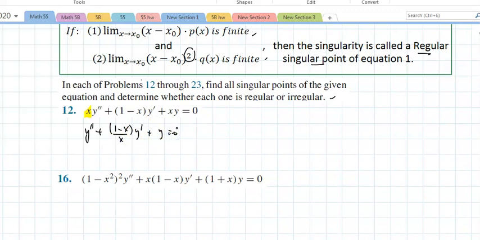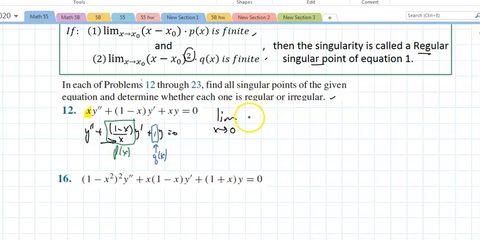So in our case right here, P of x is right there, and Q of x is right there. That's a 1. So what I need to do, I need to take the limit as x approaches... In this case, do you see what point you're not allowed to have? That's how you get x naught.